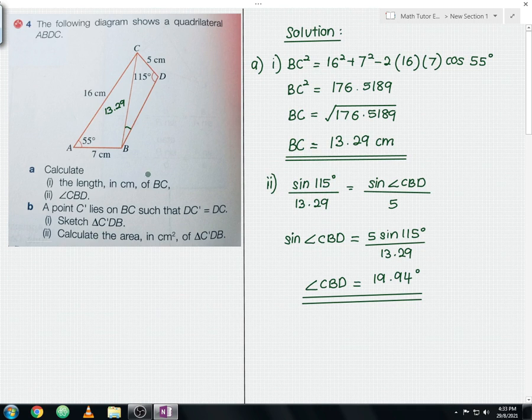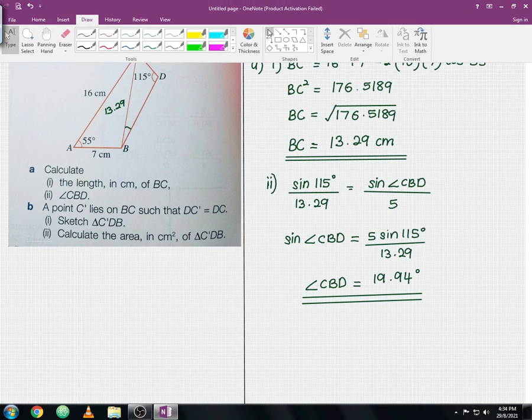From here, they gave us the condition that DC prime is equal to DC. The length of DC here is 5 centimeter, and you need to form exactly the same length. So what we're going to do is form an isosceles triangle within this one big triangle. Let me underline.